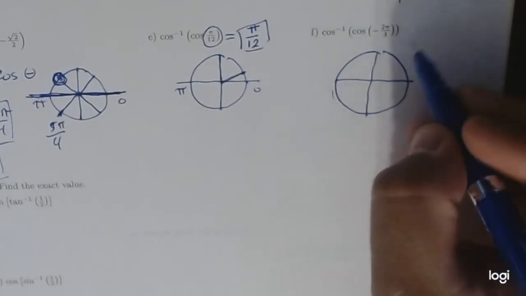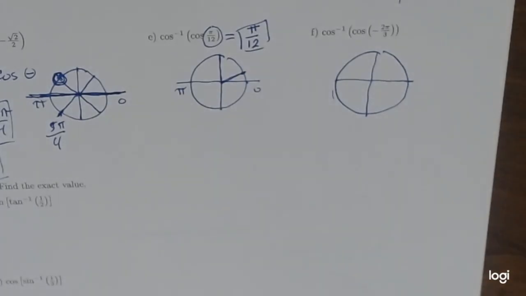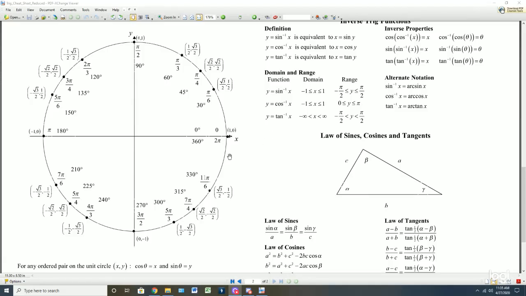Okay, so if we're doing negative 2 pi over 3, let's see. If I go back to the unit circle, if it's easier, I'm going to plot this into 3 parts. So negative pi over 3 is the same thing as, like I said earlier, positive 5 pi over 3.